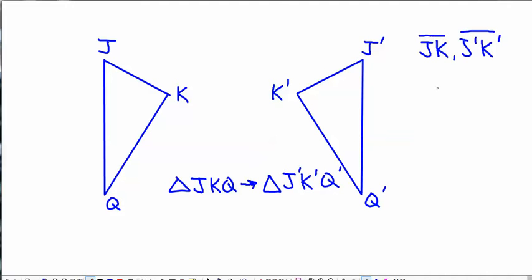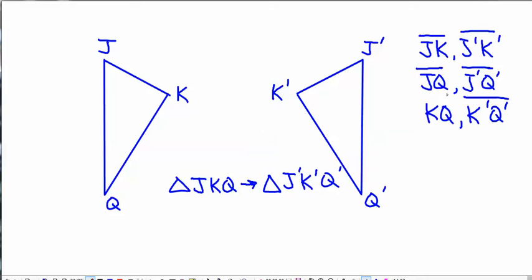All right. Another pair of corresponding sides. And one more pair. KQ. K prime, Q prime. Everybody okay with that? Not overly difficult, is it? Okay.